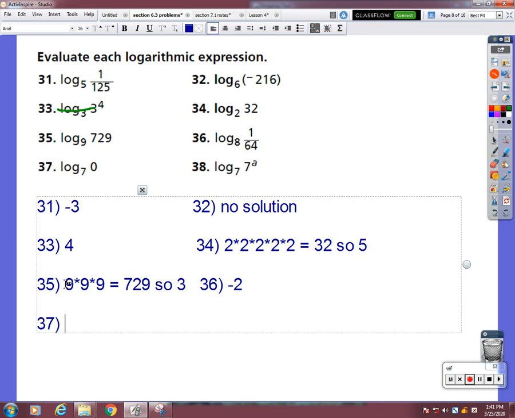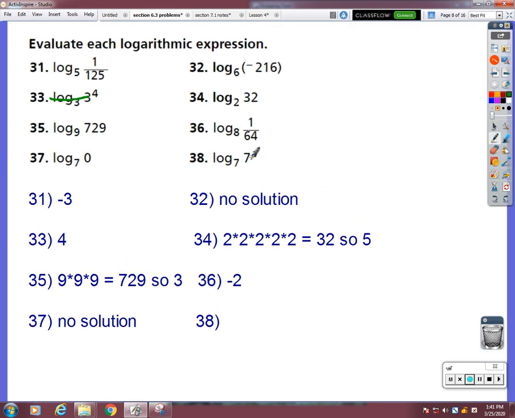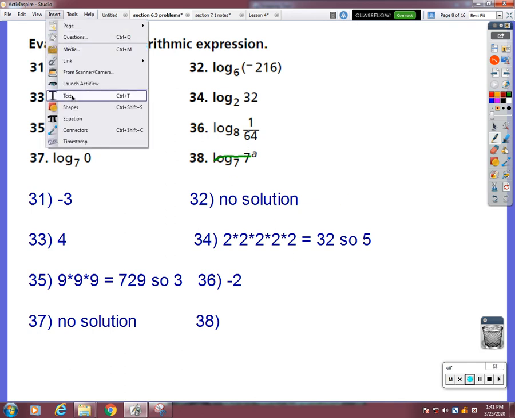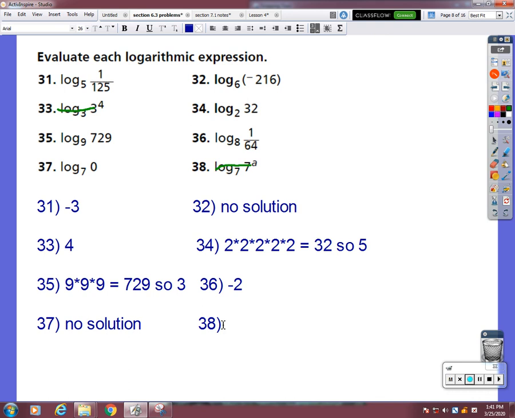Don't get confused. 7 to the 0 power is 1, but there's no way I can raise 7 to a power and get 0 as an answer. And then finally for 38, this is the general case of this one that I was showing you a second ago. Since the base and the base are the same, they're going to cancel out. And so the answer to that is A. That's all we're left with.